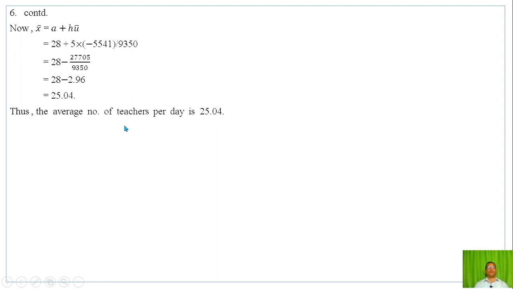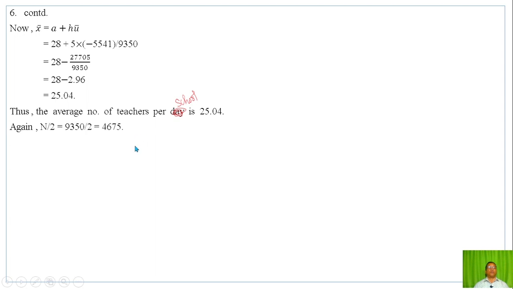Thus the average number of teachers per school is 25.04, about 25 per school.